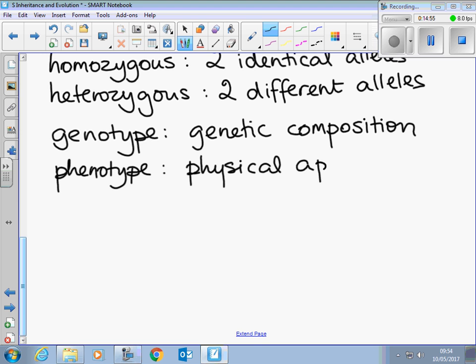Now, phenotype can be very confusing, because you could have the alleles for brown eyes, but have blue eyes as your phenotype. Because if the genes don't switch on, you won't get the colour, and blue is no colour in eyes.